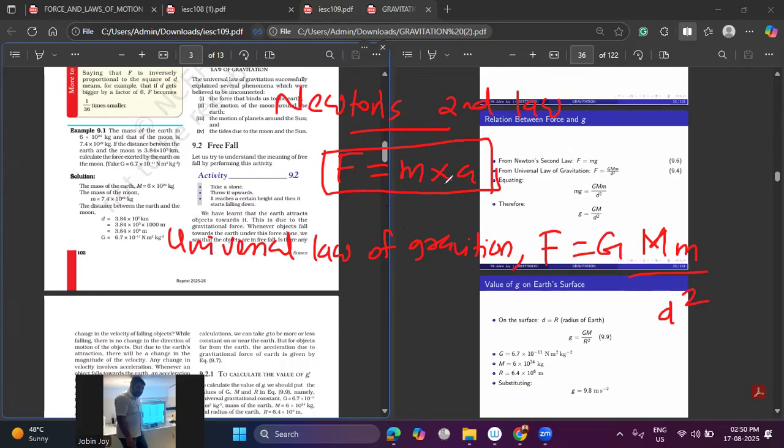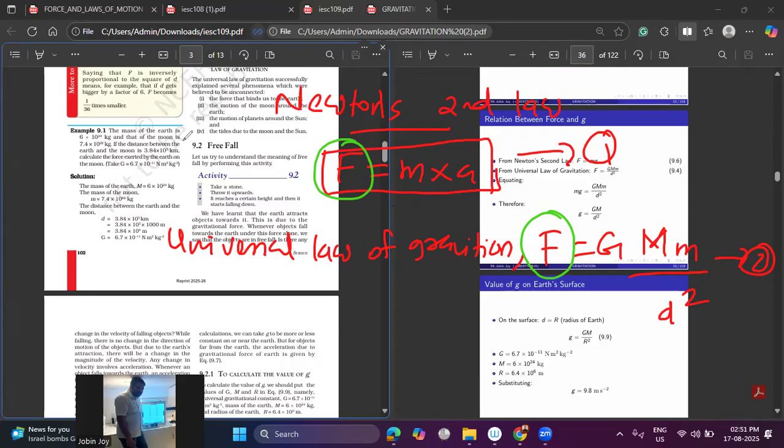Okay, so we have two equations. This is equation number 1. This is equation number 2. Check the LHS, both are the same. Here the LHS is F, here the LHS is F. So I can equate the RHS. Here the RHS is m into a.